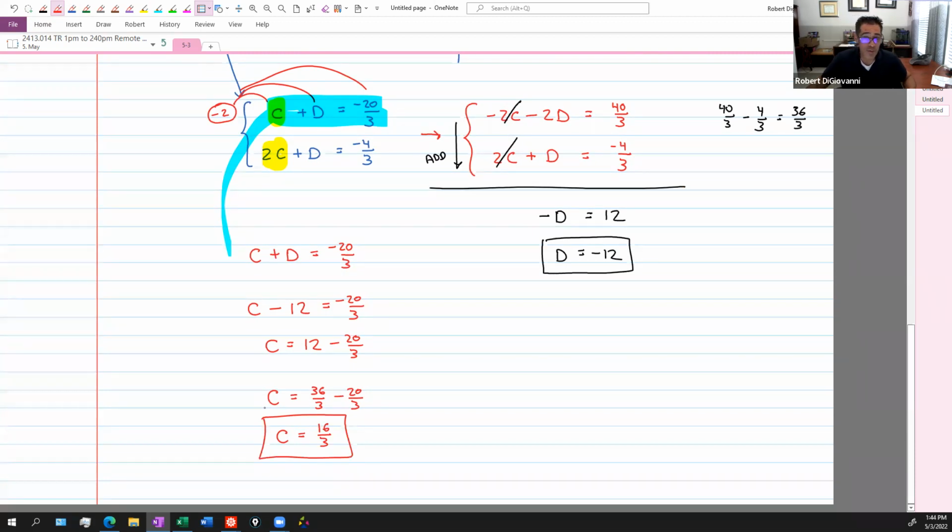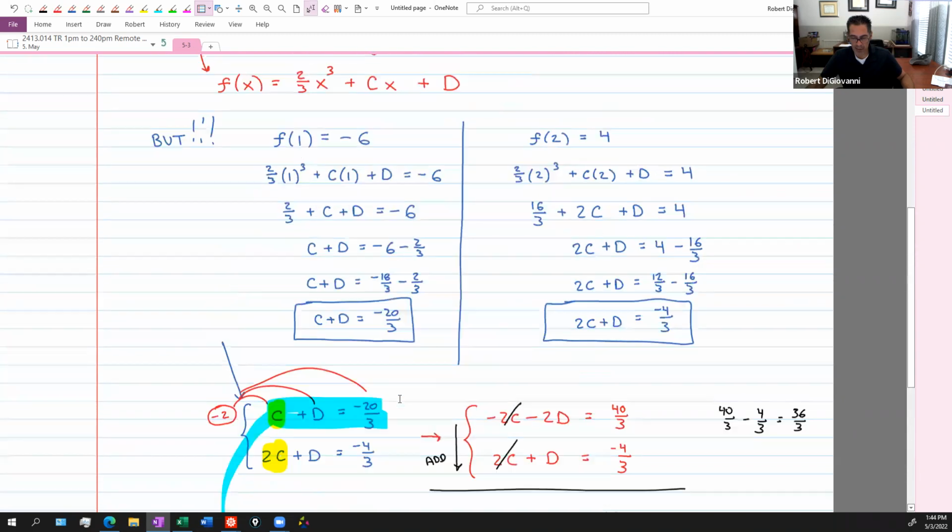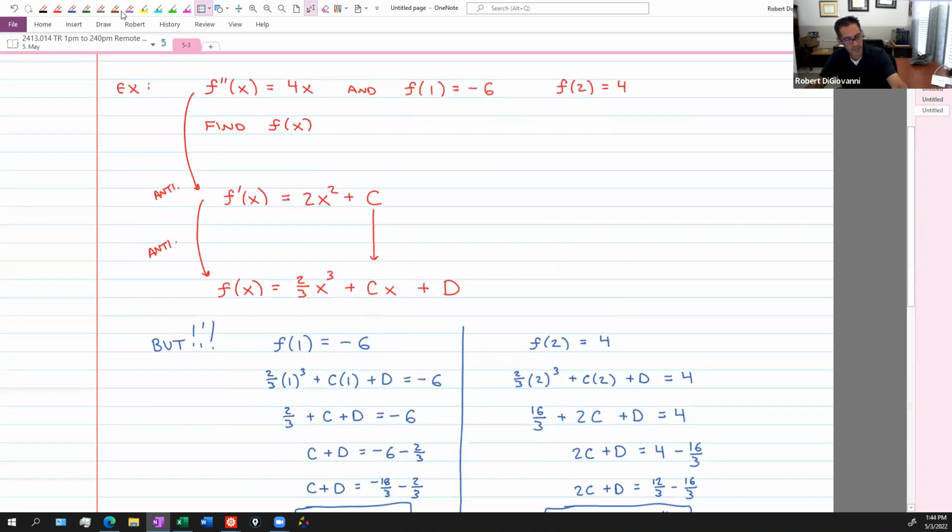This one's a little harder than the previous one, yes? You have to solve a system of equations at the end. But I now know what F is, don't I? I know the exact function we're talking about. So let me go back up. Where was the function? Right here. This was our function, but we didn't know what C was or what D was. Now we do.